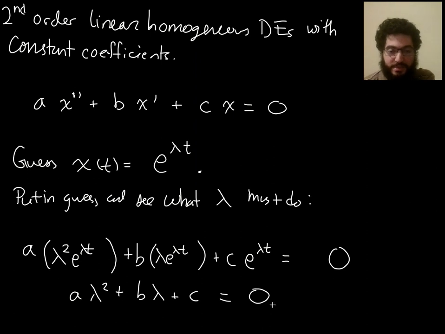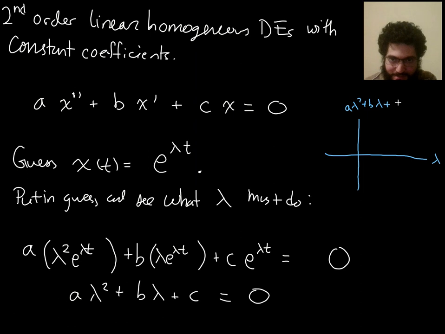But at this point, different things can happen depending on what the numbers are. Because when you have a quadratic polynomial, different things can happen, right? Like, if you plot a quadratic, so here I'm plotting against a lambda, I'm plotting the function a lambda squared plus b lambda plus c.